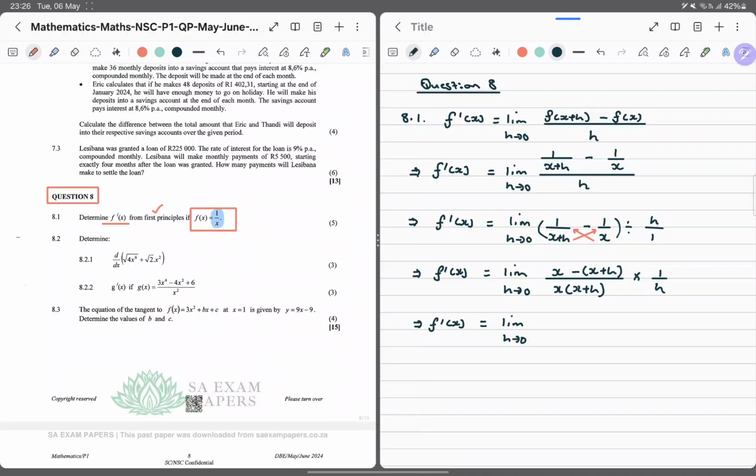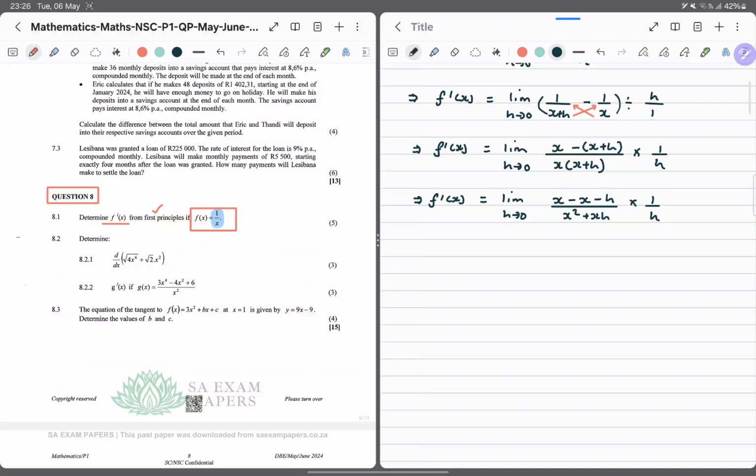But hey, let's just not rush this. Let's go about it systematically. So we'll have x here minus x minus h, all divided by, we deal with this, it's going to be x squared plus xh times 1 over h. Okay, nice and easy.